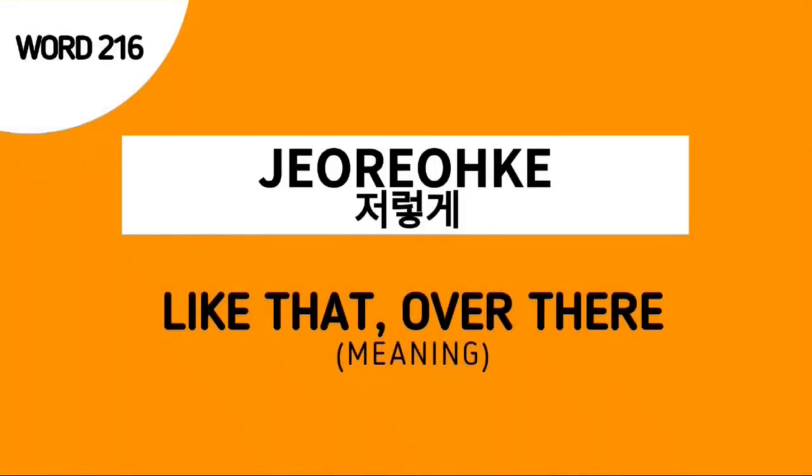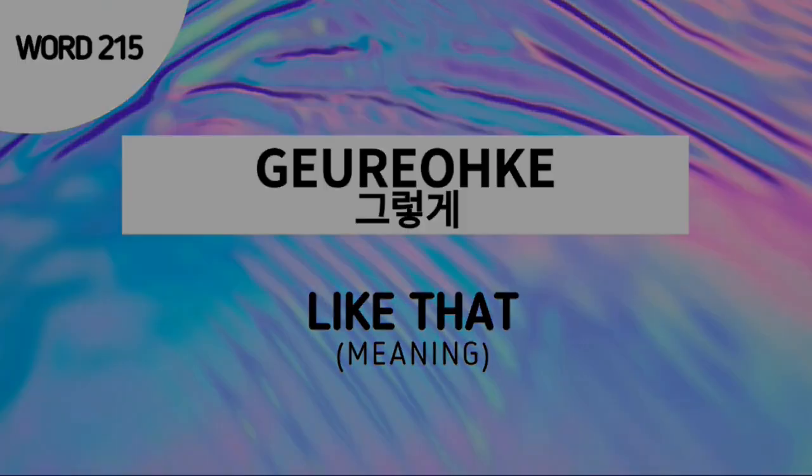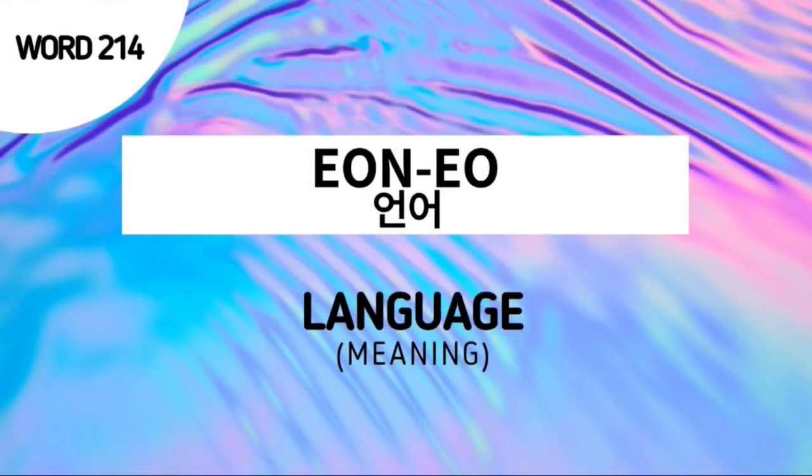Word number 216 is 저렇게. This is used to say like that over there. Word number 215 is 그렇게, and it's used to say like that. Word number 214 is 언어, and this is the Korean term for language.